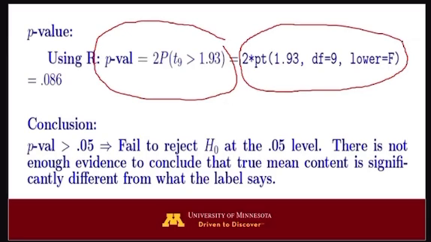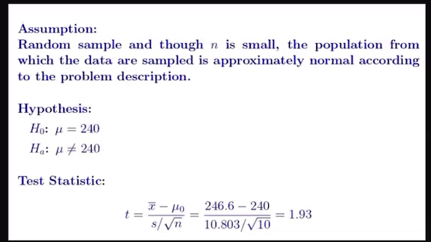But let me tell you this. If you come back into the test statistic, if you have a negative, please pay attention. If you have a negative, you convert it to positive. If you have a positive, it's still going to remain positive.